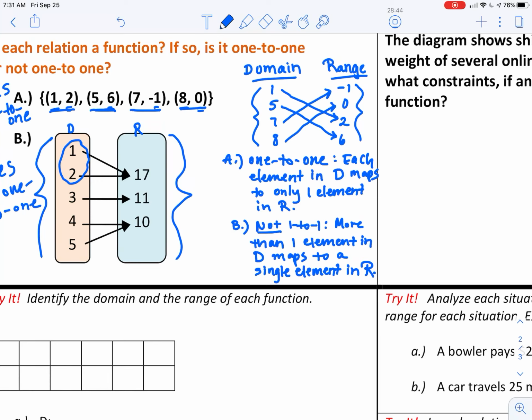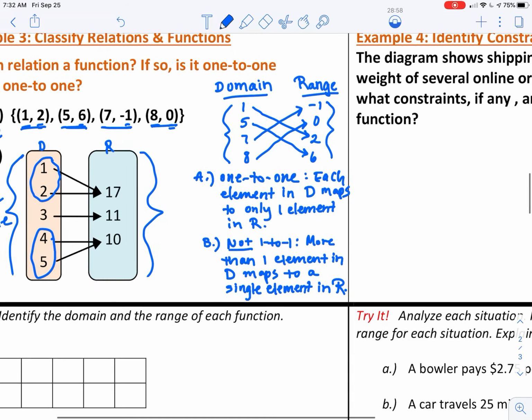Okay, both are functions because each element in the domain maps to only one element in the range. It's not one-to-one in B because we have 1 and 2 that map to 17, and also 4 and 5 both map to 10. And you're going to see why later, maybe trying to remember if there's a problem in there where we don't have a function.